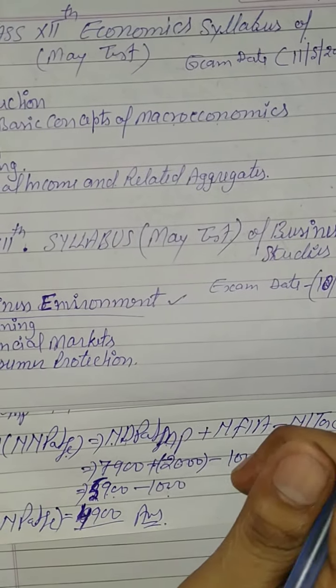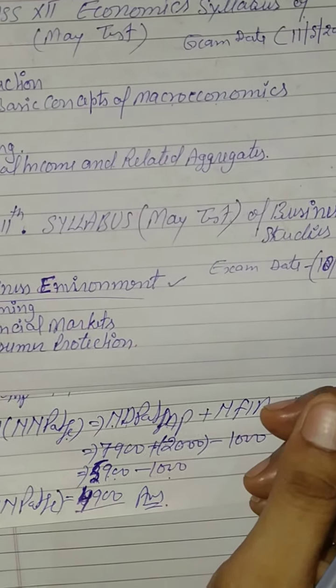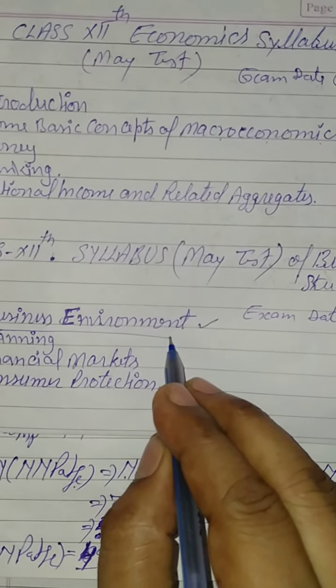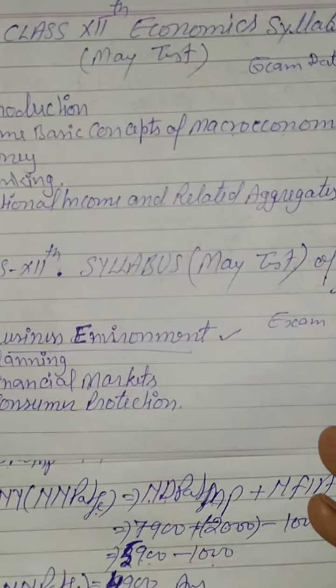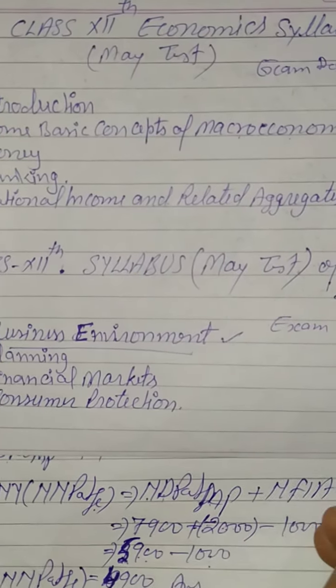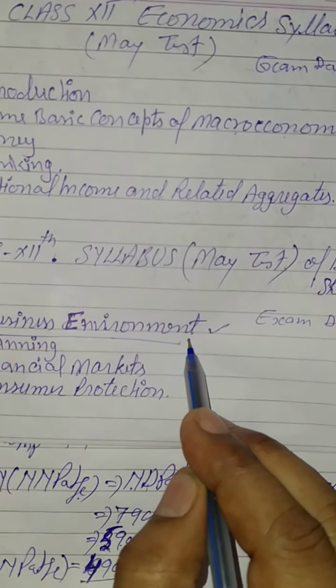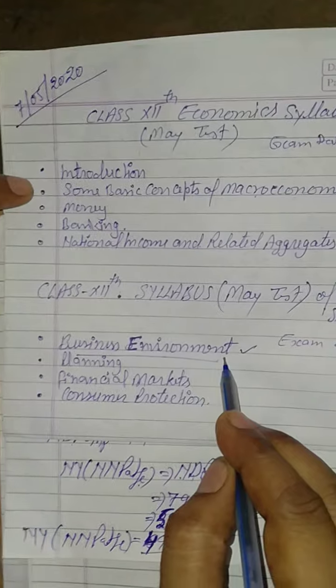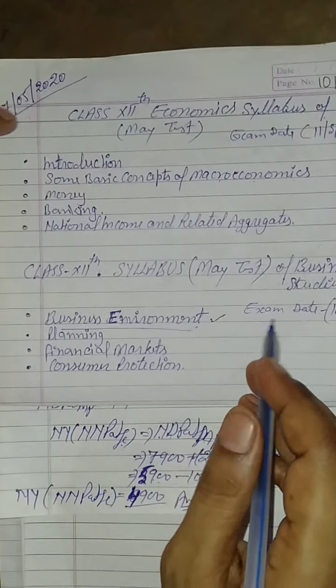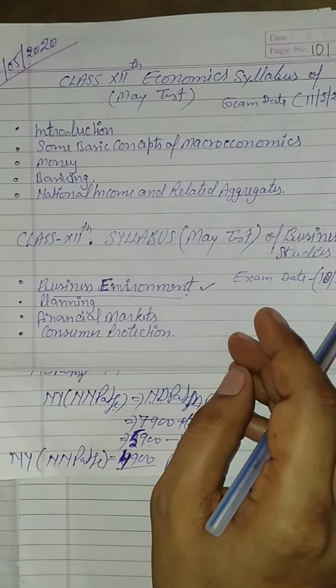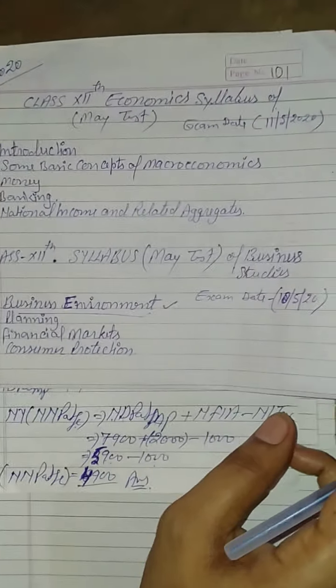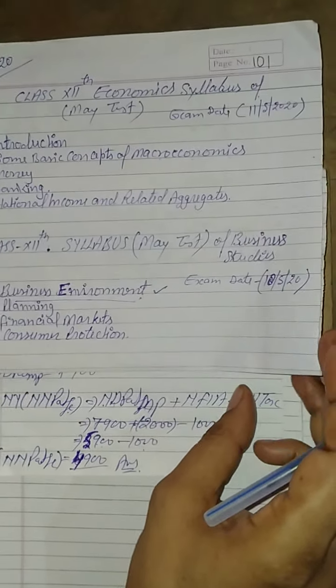If you have any doubt on this chapter, then you can take it immediately. So today you will prepare for the examination business environment in business studies, and in economics, introduction and some basic concepts of macroeconomics. Clear beta? In economics and business studies, if you have any doubt, then you can contact me. Thank you very much beta.